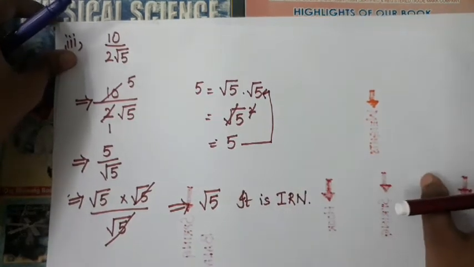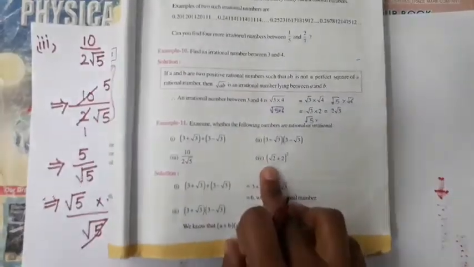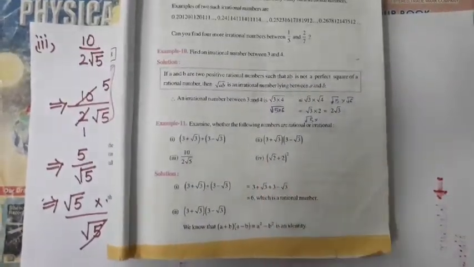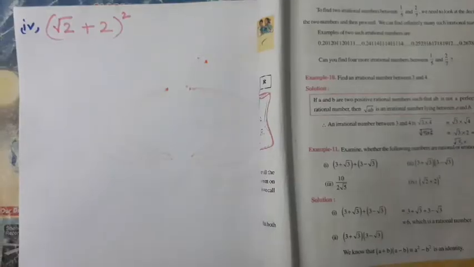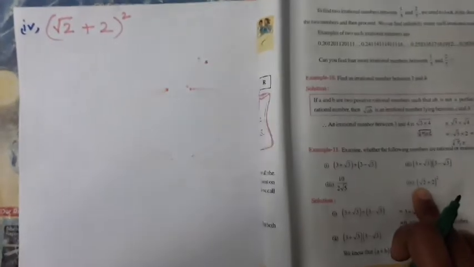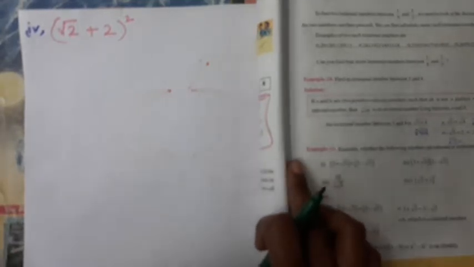Next, fourth question. Now the last question. Our fourth question is root 2 plus 2 whole square.